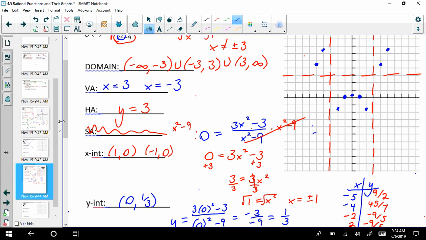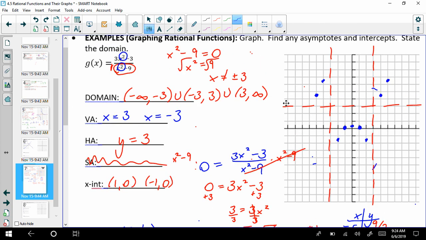So now if I connect them, I want to make sure to just follow the asymptotes but pass through the points. Well, it turns out I can't graph correctly over here. I'm sorry if you were confused by that. This point should be here, and this one should be here. Sorry about that. Otherwise, I won't have my y-axis symmetry.